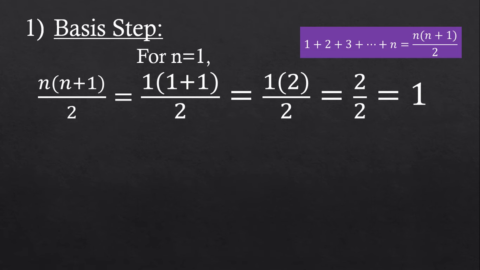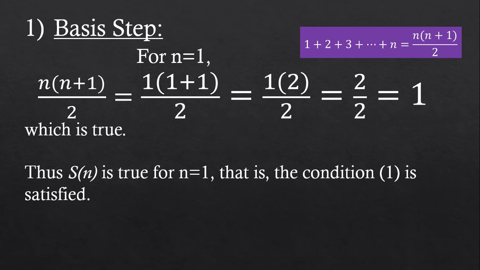Now we can see that 1 is the first term in the series, so for n equals 1, we got the first term of the series, which is correct. This implies that the basis step is true, and hence we can proceed to the inductive step of mathematical induction.